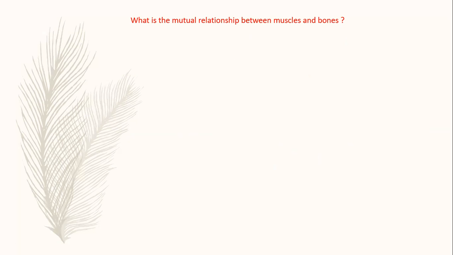Now when you did the demonstration of bending your arm, you might have noticed that it is not just the muscles that are working, it is also the bones that move. Am I right? So what is the relationship between the muscles and the bones? This relationship we will study in detail as we go ahead.